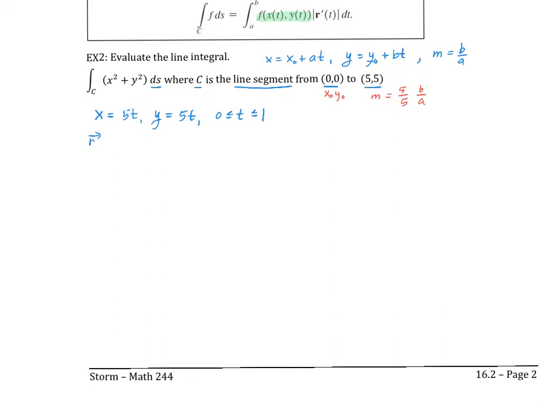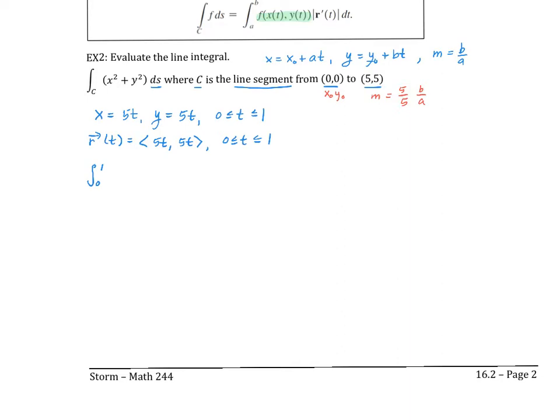What is r? Well, r is simply, first component is the x, which is 5t. Second component is the y, which in this case is 5t. And this is defined from 0 to 1. My integral is going to go from 0 to 1 of, what is x squared though? I'm now integrating with respect to t.